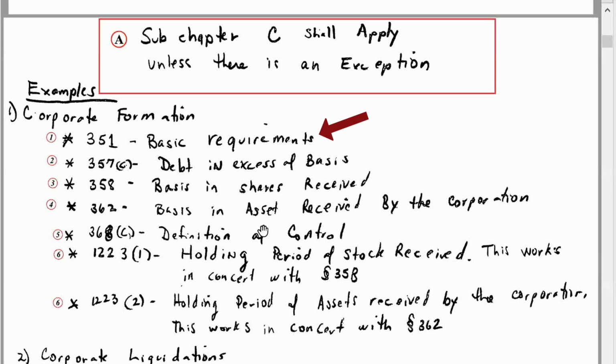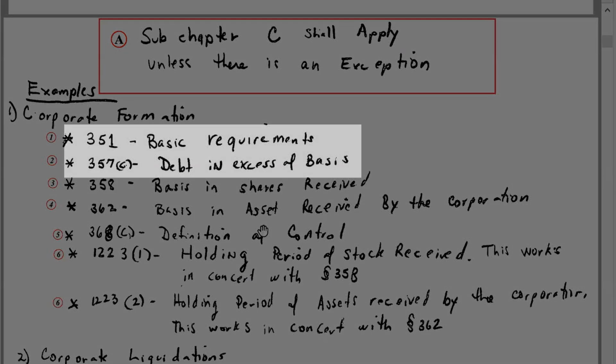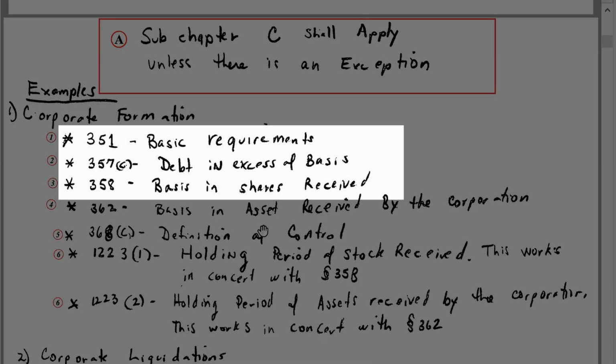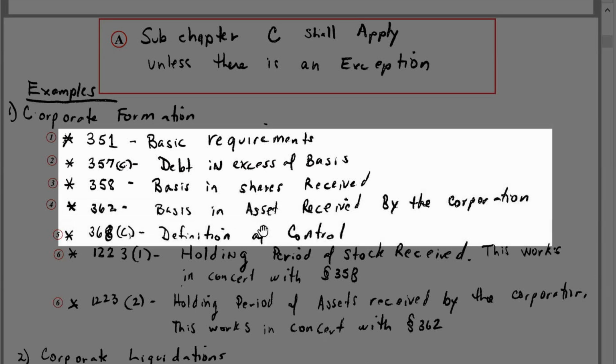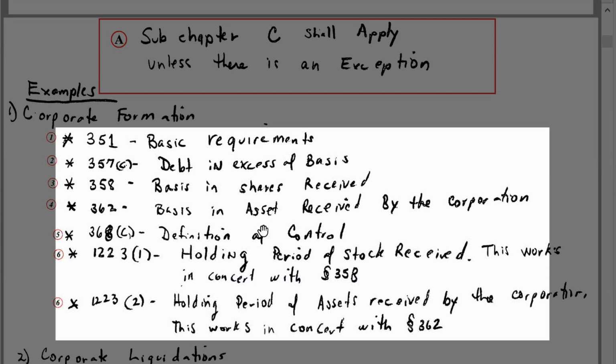But when 351 is turned on, then 357(c) is turned on, and 358 is turned on. 362 is turned on. 368(c) is turned on. 1223, 1 and 2 is turned on. These are what you call running through the traps of corporate formation. And so 168(i)(7) is turned on.